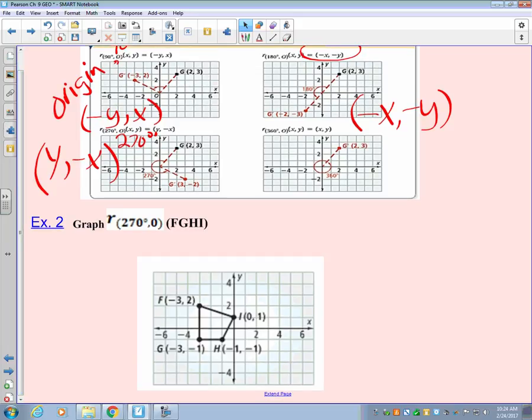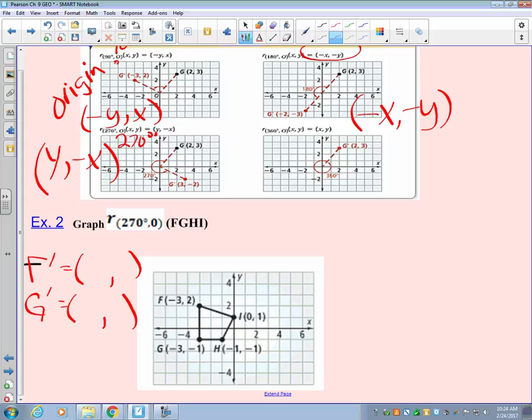All right, we are going to rotate 270 degrees about the origin, this quadrilateral FGHI. So I'm going to make a list. F prime, G prime, H prime, and I prime.